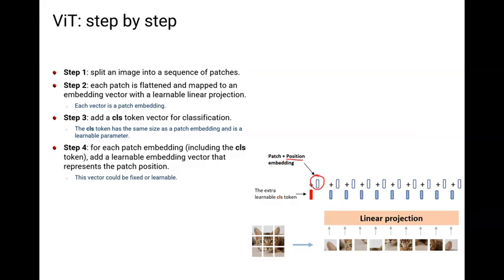This is called a position embedding, or positional encoding. What does that mean? That means you basically tell it, oh, this one is on the top left corner, and this one is on the left, probably counting from the top, the second patch.